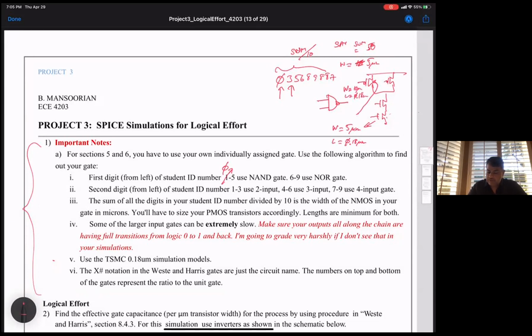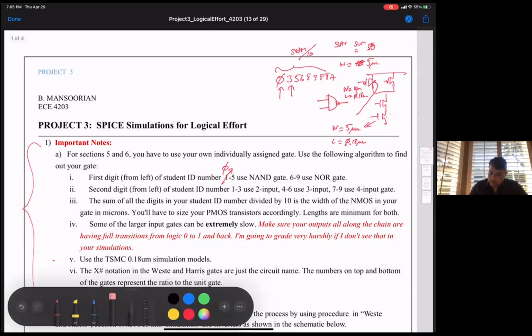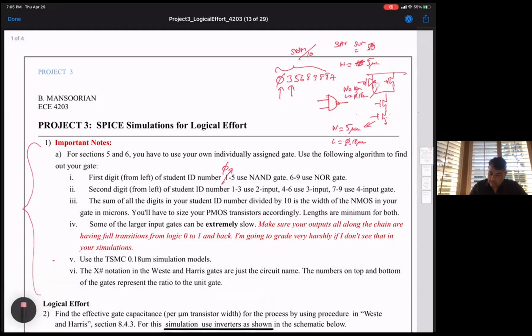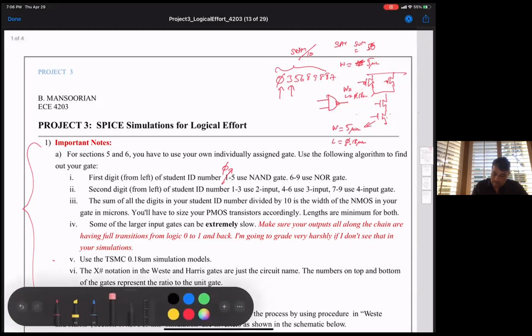No, I'm sorry, I got that wrong. If that's the case, you also want to make this guy 5 micron.